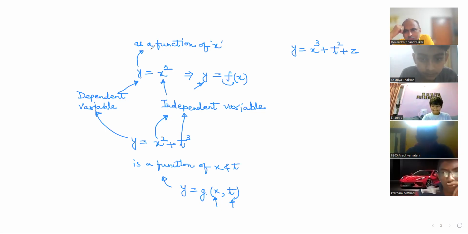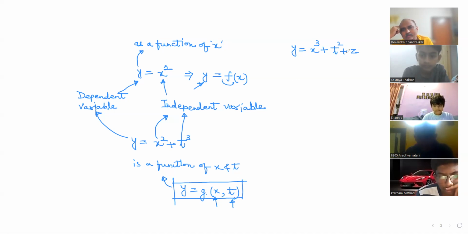Very good, Pratham. Very good, Shaurya. Very good, Soumya. Aradhya, I'm waiting for your answer. How many independent variables? Exactly, very good.